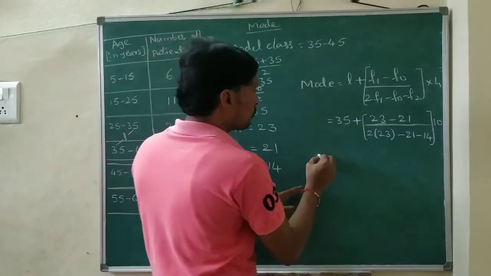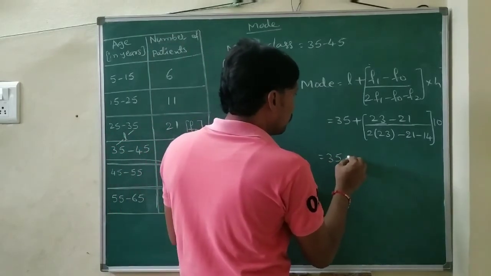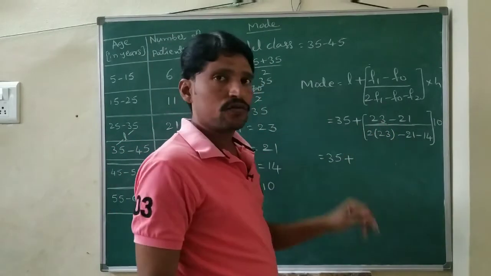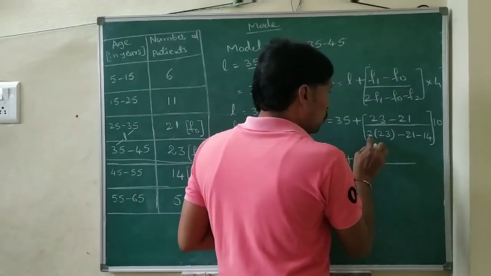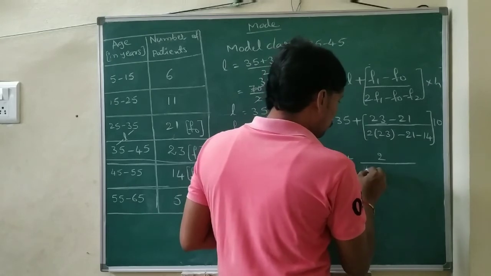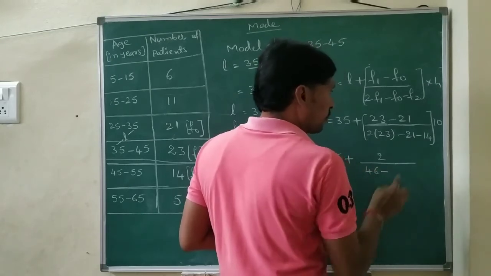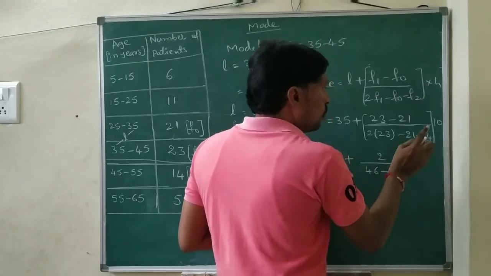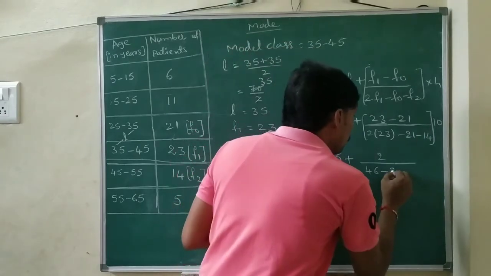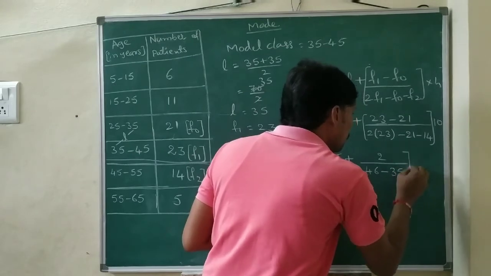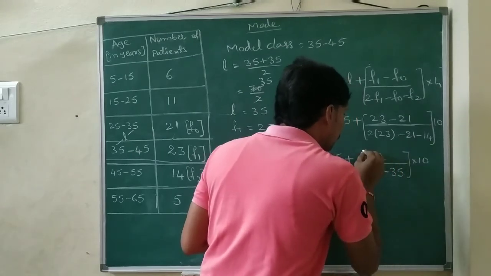Now we can take 35 plus 23 minus 21, which is 2, by 2 into 23, which is 46, minus 21 minus 14. 21 plus 14 is 35, into 10 as it is.